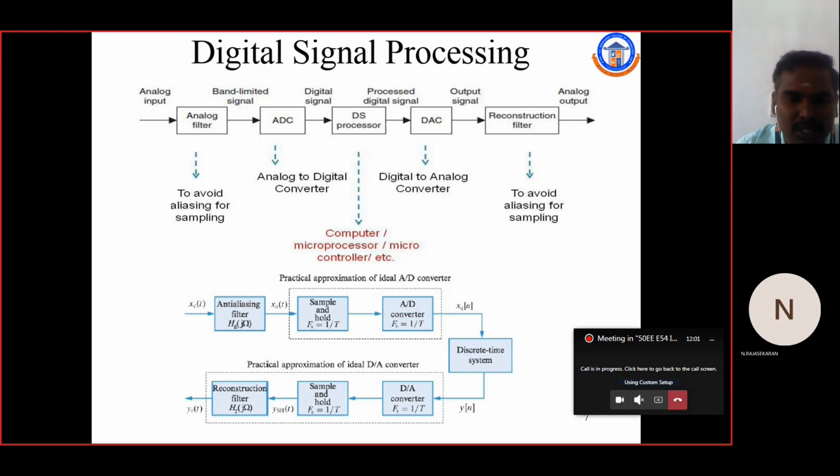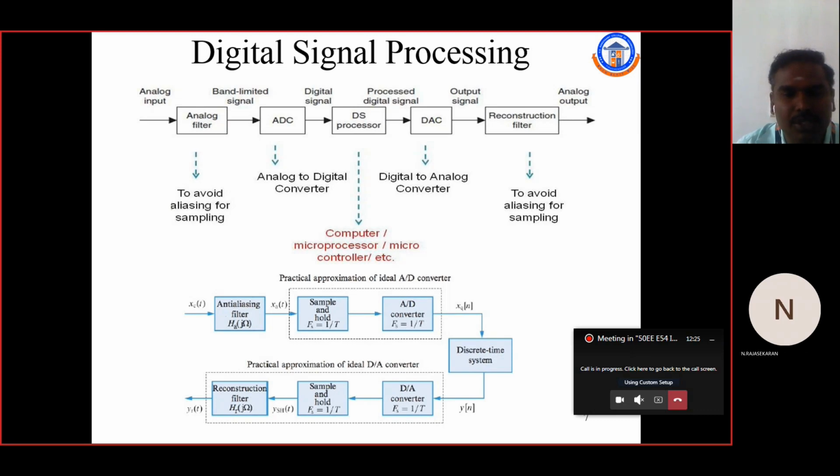The given input is xa of t. The sample and hold circuit holds the sample for a particular time. Then it processes the signal. Fs is nothing but 1 by T. Then it is given to the analog to digital converter. The sampling frequency is nothing but 1 by T. Then it is given to the discrete time system.